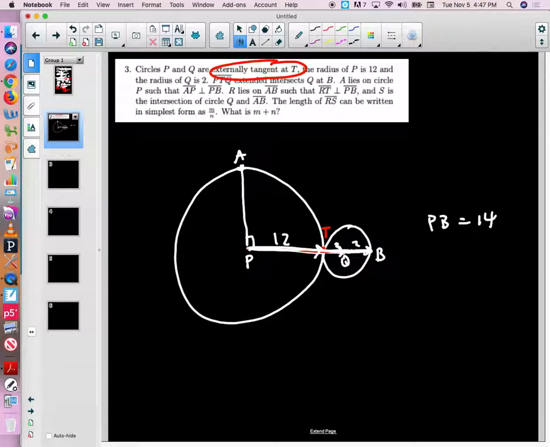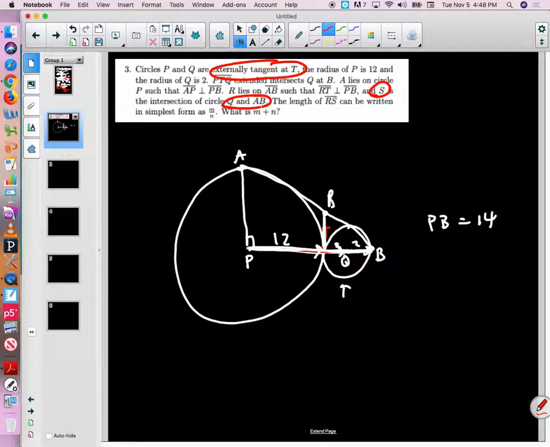So here's A, B, and this circle, it should be a little bit smaller. And RT is perpendicular to PB. So this is RT right here. These are perpendicular. S is the intersection of circle Q and AB. So I'm on this part right here, looking for where S would be.